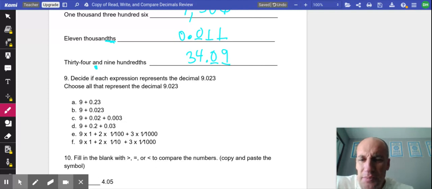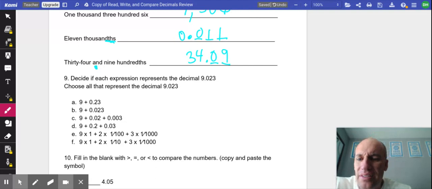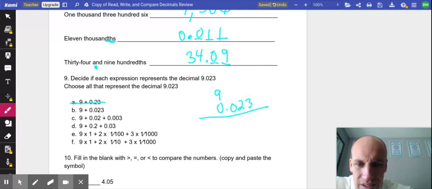Decide if each expression represents the decimal 9 and 23 thousandths. Choose all that represent that. The first one, 9 plus, so it's missing. That's 23 hundredths. I need 23 thousandths, so that is not going to work. The next one, if I added those together, lining up my decimals when I'm adding, that would work.